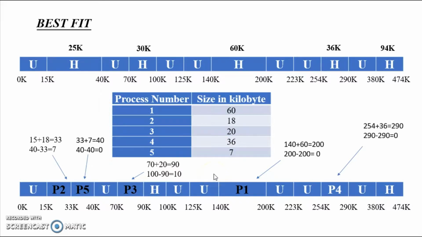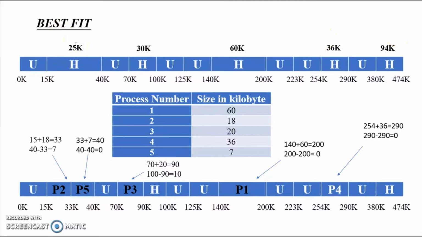So we go on to process number 2, which is 18 kilobytes. This time we go into the first one and take a look: 25, and go on 30, and go on 60, go on 36 and 94.